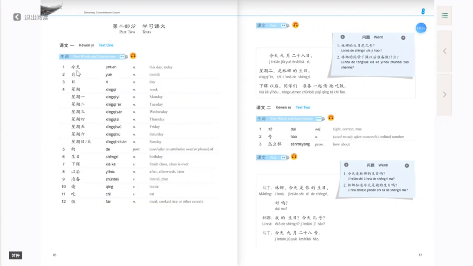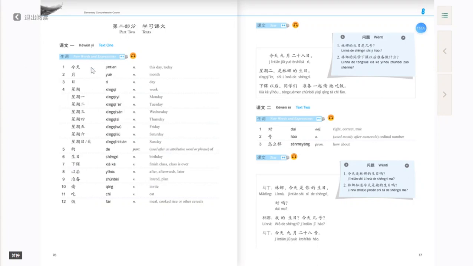The first word, 今天, means this day or today. It's a very commonly used word. 今天, 今天. Next one is month, 月. And next word is day, we say 日.